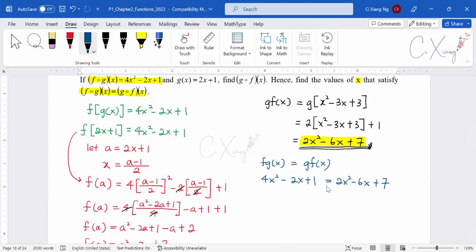If I move everything over to one side, I should have 2x squared plus 4x then minus 6 equals to 0. Further simplify it. And after that you get a quadratic equation in terms of x. Therefore, you can factorize and also solve it.